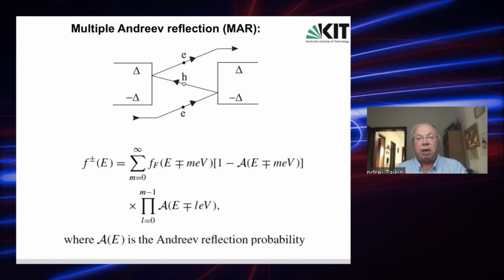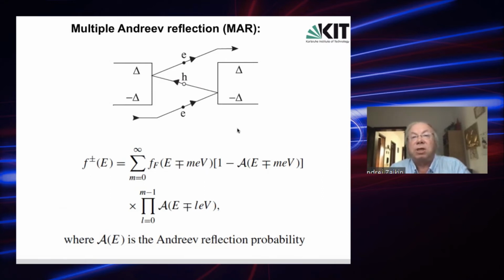And the key ingredient of this theory is, of course, the well-known phenomenon called multiple Andreev reflection. And this phenomenon is just this. If you apply the voltage, then you have such a process which contributes to the current.